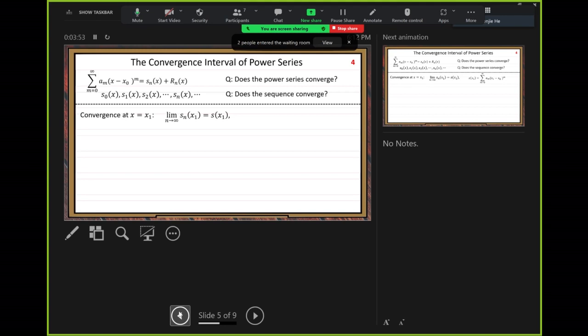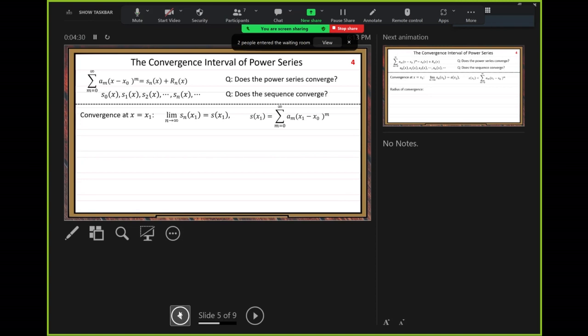With this notation, we can go back to the original power series. What is the value of the power series at x1? The same as s of x1, the limit of the partial sum sequence at x1. That's the theoretical background.